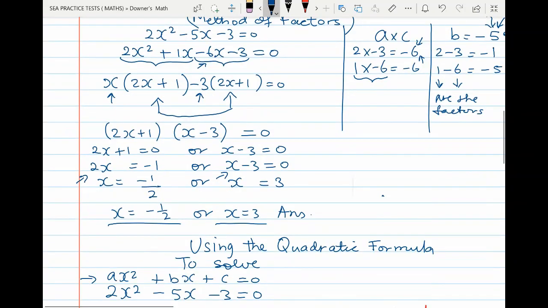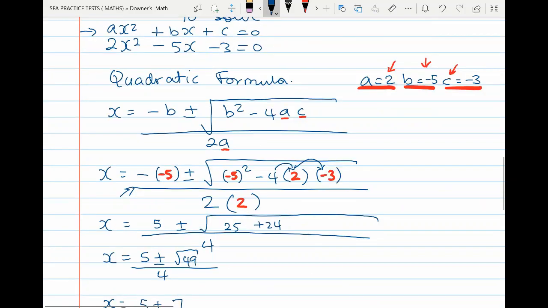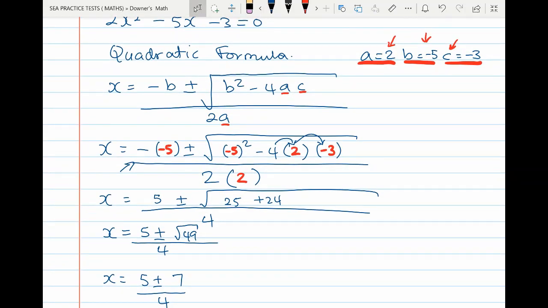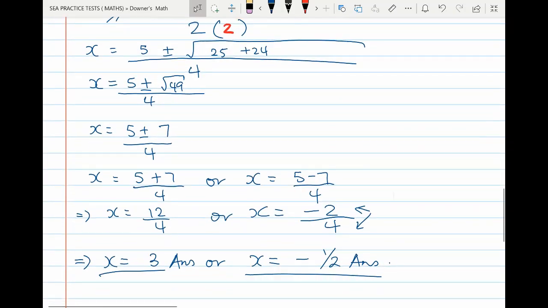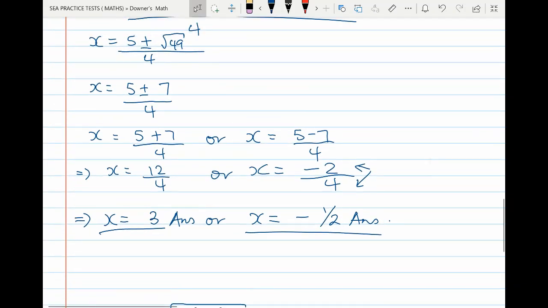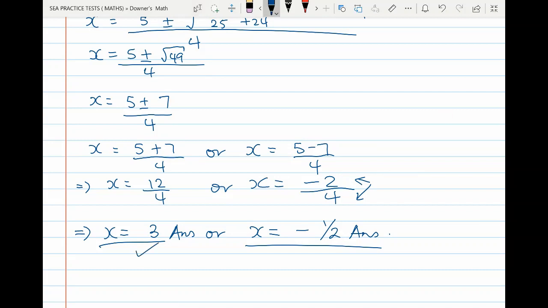And in this method, when we use the quadratic formula, being very careful how we place the numbers into the brackets, how we selected A, B, and C, and utilizing the correct formula and not changing the formula in any way, progressively all the way through, we ended up with the same correct answers.